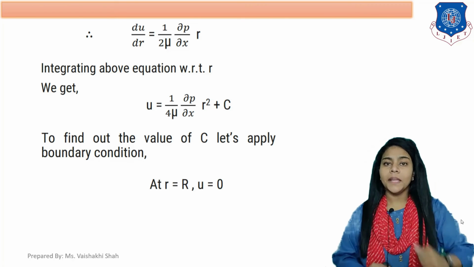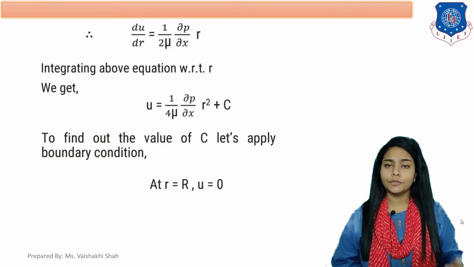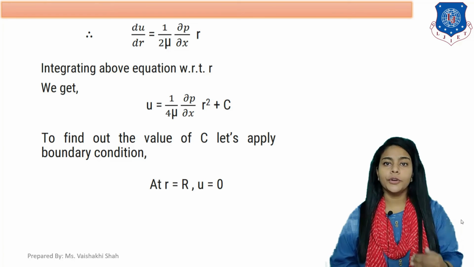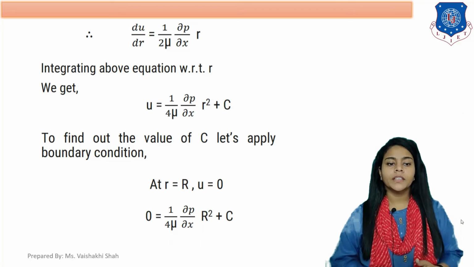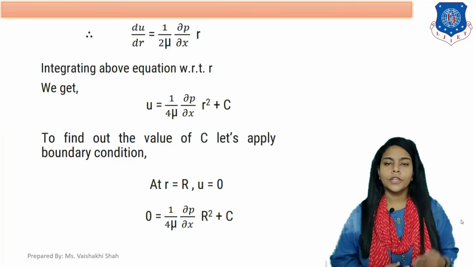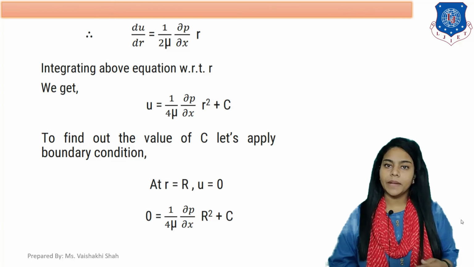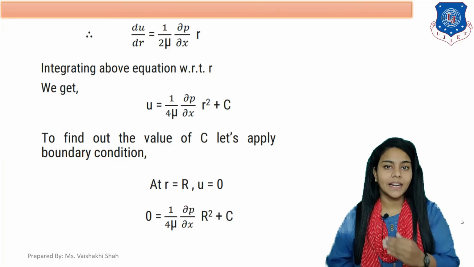So, applying the boundary condition, replace small r with capital R, so u equals 0. Your equation becomes 0 equals 1 upon 4 mu into del p by del x into capital R square plus c.